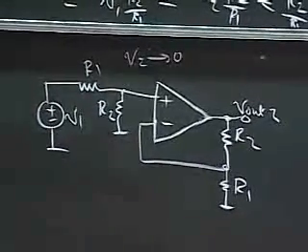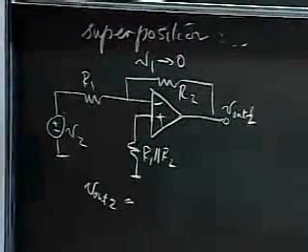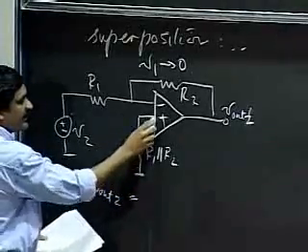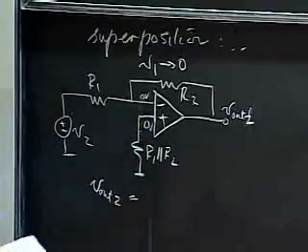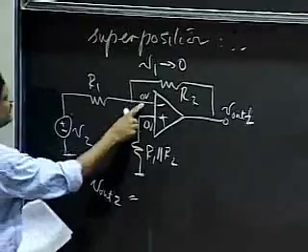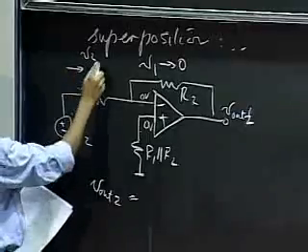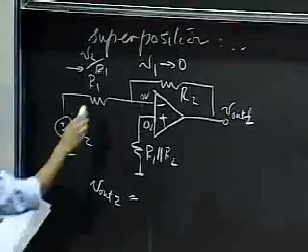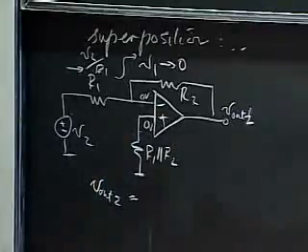Let's go ahead and do V out 2. Since this is ground, no current flows here, so this voltage is 0. If this voltage is 0, this voltage is 0 by the V plus equals V minus method. The current that goes through here is V2 divided by R1, and that same current must flow through the resistance R2 as well.